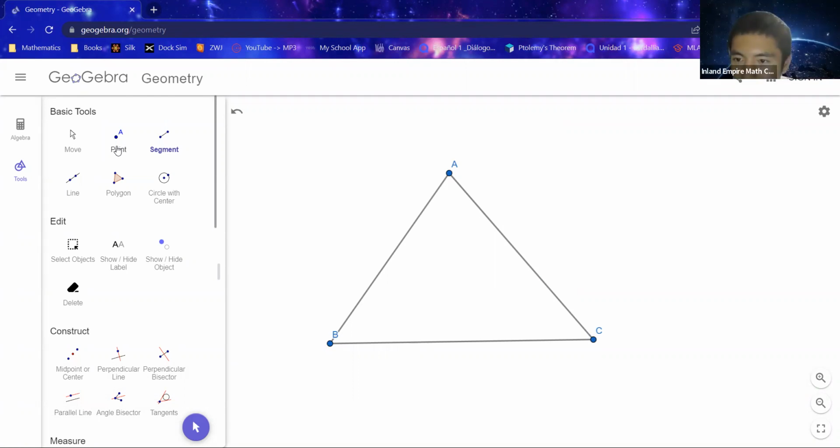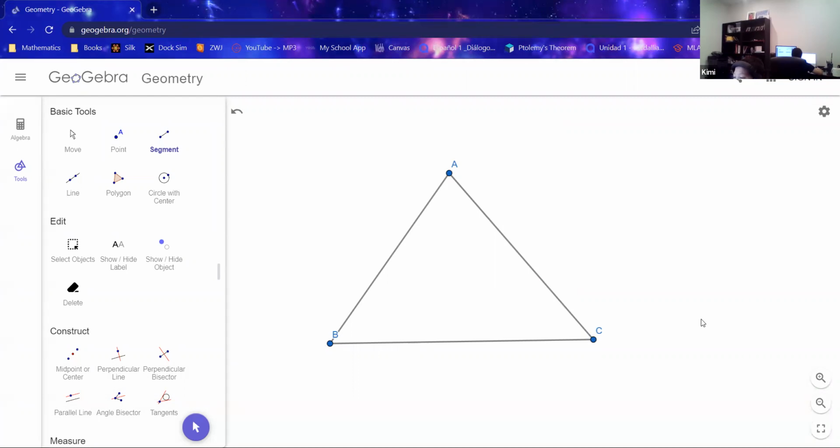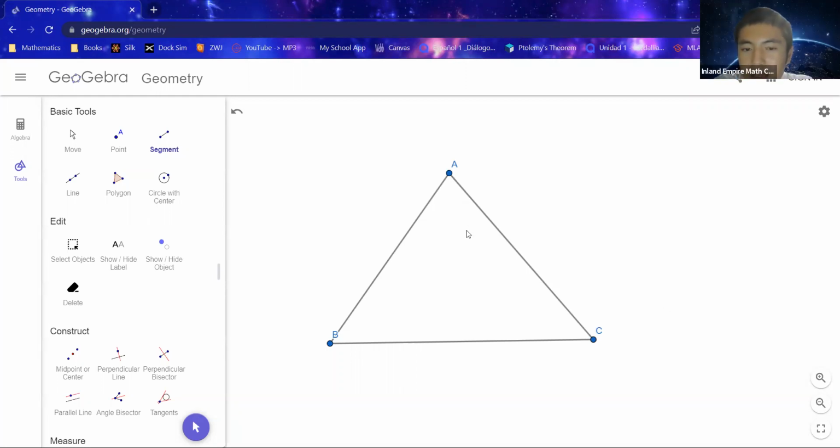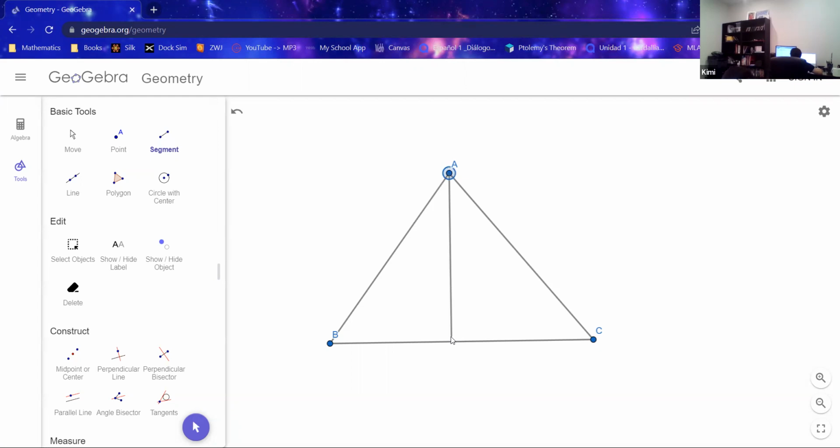What is not possible? Meeting at the same point. The three angle bisectors of the triangle. Well, yes, they can meet at the same point.